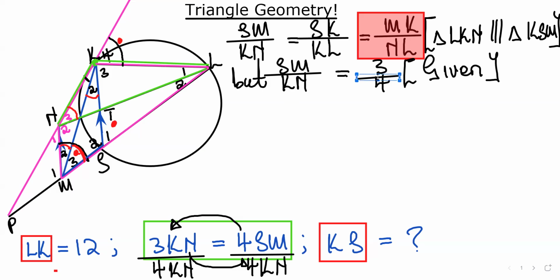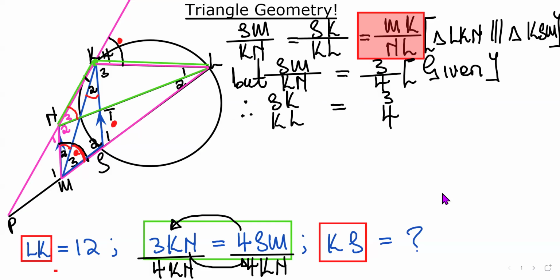So since this one is 3/4, it means that the other one, SK over KL, is simply going to be 3/4 as well.